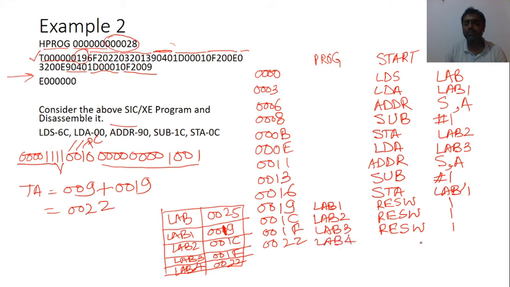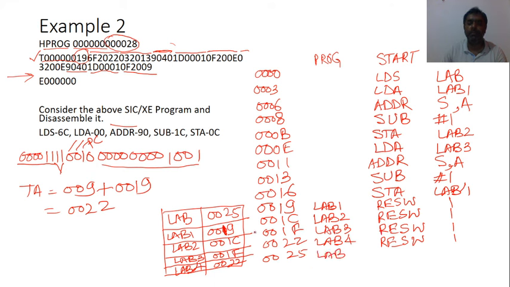Now if I am reserving here 3 bytes, then the next address will be 0025, and at address 0025 there is a label. So here I can write reserved word 1 or reserved byte 3. And at address 0025 the label name is LAB. So here the label will be LAB.